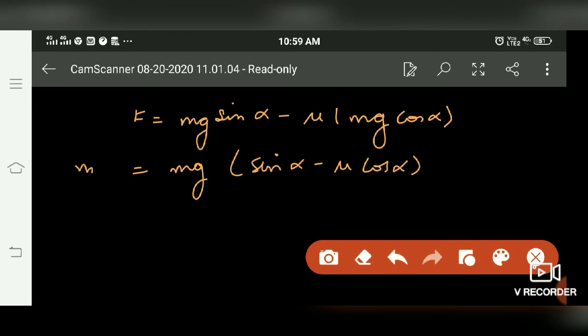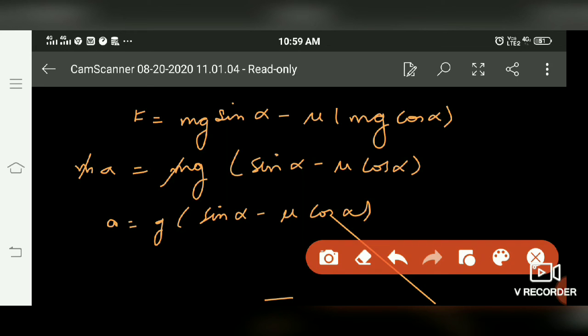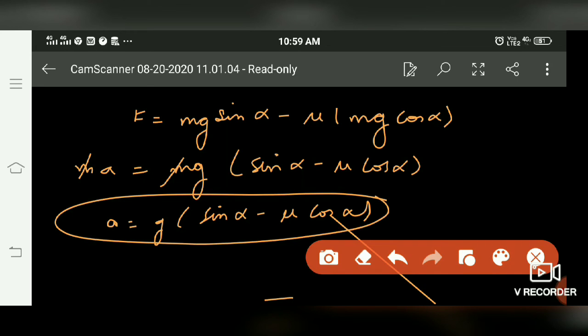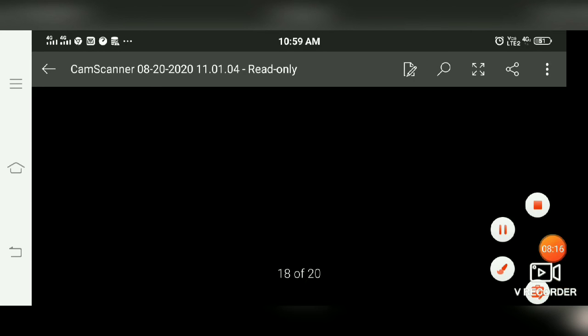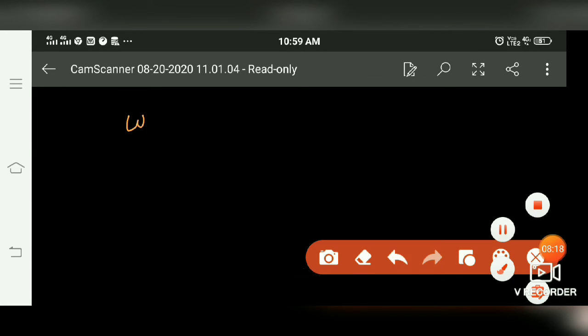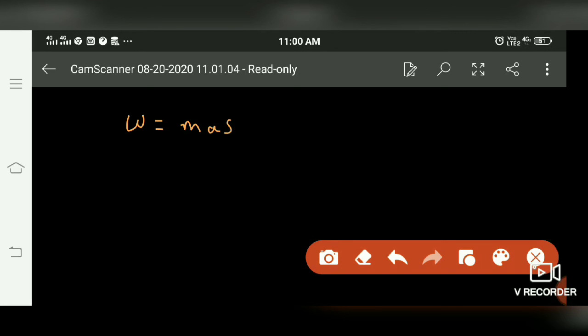Again force is equal to mass into acceleration. We will get acceleration a equals g times sin alpha minus mu cos alpha. Now similarly, work done in this case: the work done formula is mass into acceleration into displacement.